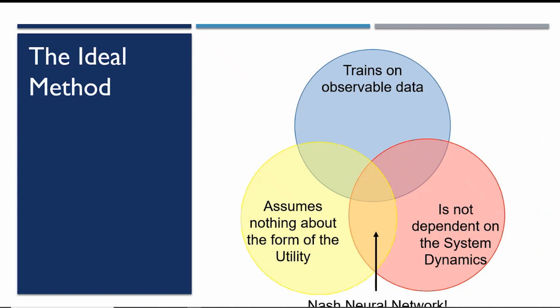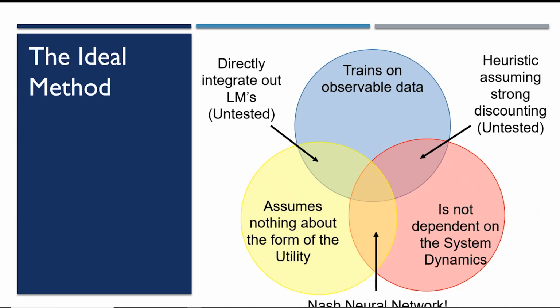However, whilst I was over there, we did actually at least theorize some methods which could fall into the other categories. So one which is dependent on the system dynamics is one where we directly integrate out the Lagrange multipliers. However, this uses knowledge of our specific SIR dynamics, so that's not really ideal.